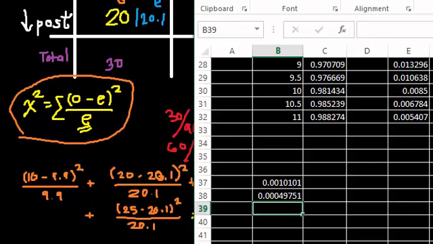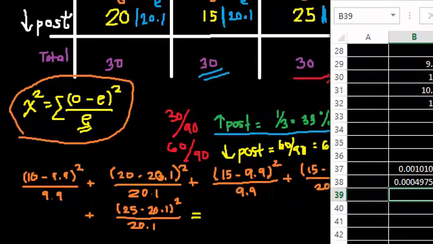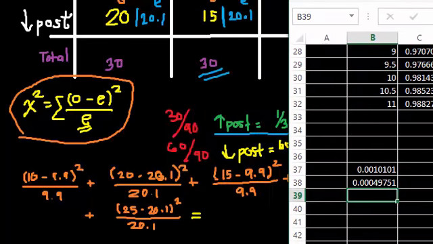Leave it there. Next value we have parentheses 15 minus 9.9 squared divided by 9.9. I forgot to put an equal sign. Of course it wouldn't work without an equal sign.